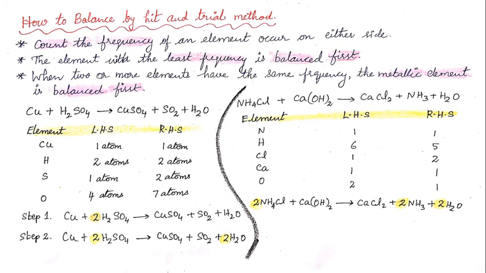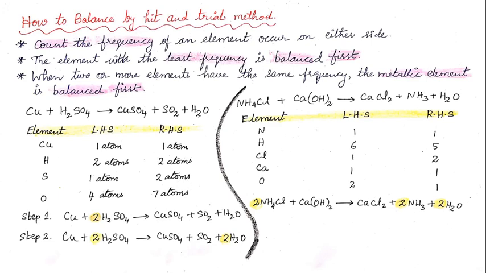Okay. In the first example, we see that copper is already balanced. Hydrogen is also balanced. Sulfur and oxygen have to be balanced. Out of these two, sulfur has fewer atoms. So in this example, let's see whether sulfur is balanced or not. On the right side, 2 sulfur are present and on the left only 1.